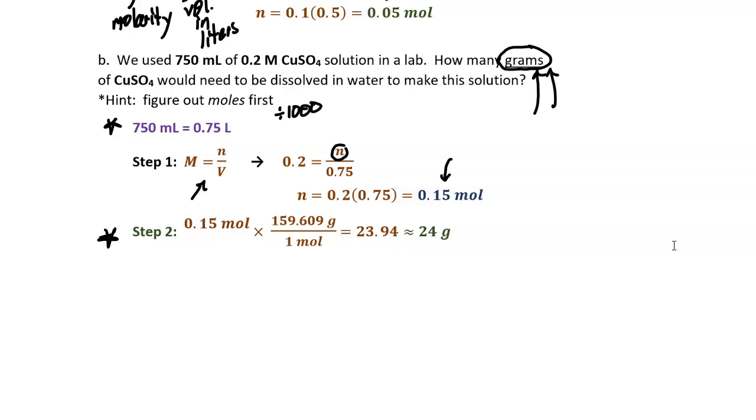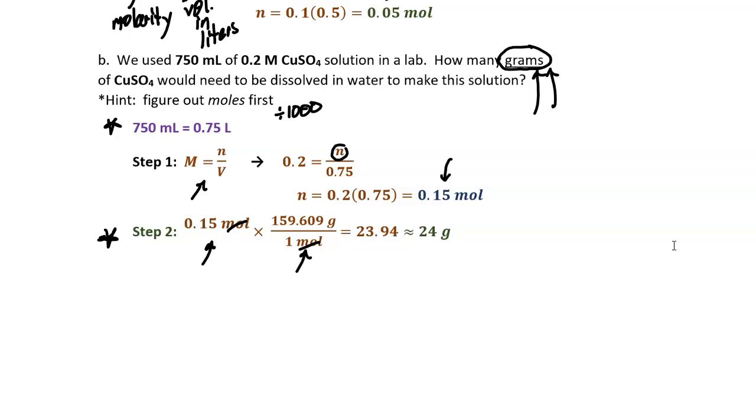So in step 2, write down the 0.15 moles to get started, and then multiply and make a fraction line. Down in the bottom, we want to say 1 mole, so that these will cross out. And in the top, again, using the periodic table, we get the weight, 159.609.